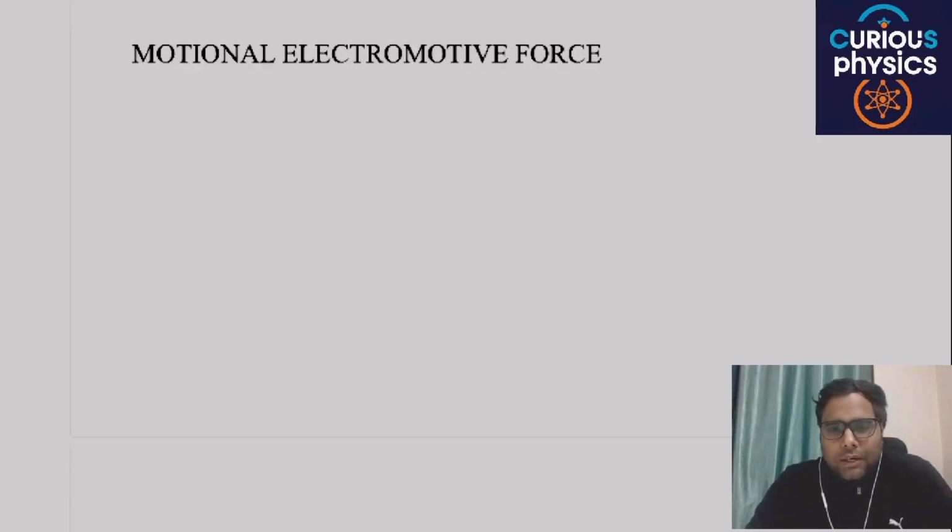Today I am going to start the second part of this chapter, electromagnetic induction. In the previous part we learned two basic concepts. First, you can produce an electric current when there is a change in magnetic flux, and the magnitude of the induced EMF, or potential difference, is given by the change in magnetic flux.